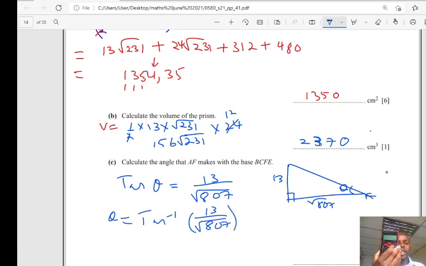Then you can use your calculator. Just punch in your calculator, first second function, then press tan inverse, open bracket, then say 13 over square root of 807.